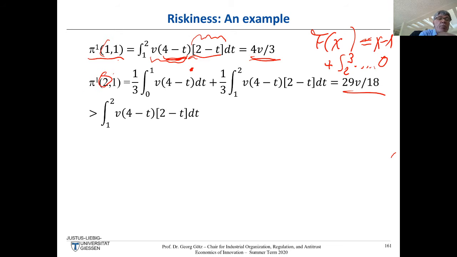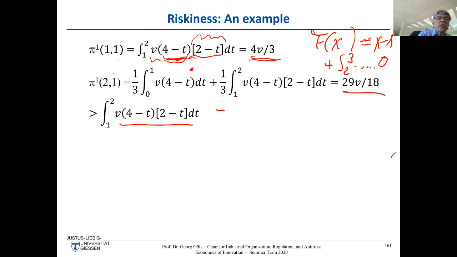And of course, that depends on how profitable 1 is compared to 2. What I see here is that 4/3 times v is smaller than 29 over, or actually just multiply everything by 6, you would get 24/18, which of course is smaller than 29/18.